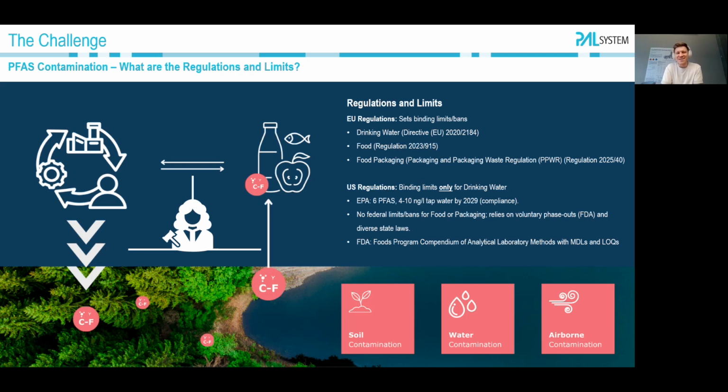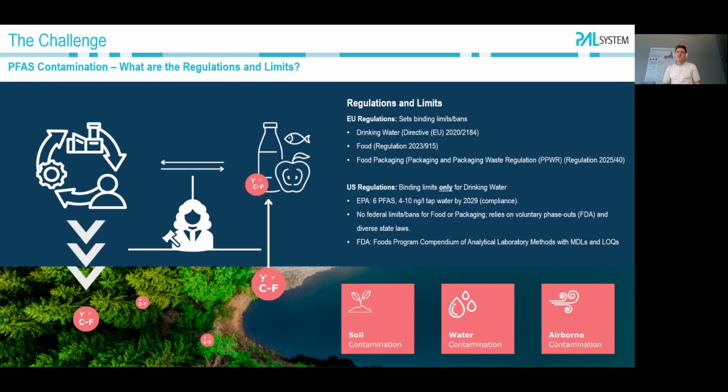Meanwhile, the US federally focuses its binding limits on 6 PFAS in tap water via the EPA with compliance by 2029. But for food and food packaging, well, the FDA doesn't set federal limits. It relies more on monitoring, voluntary industry phase-outs, and leaving many states to create their own packaging bans. It's a bit of a regulatory patchwork there.